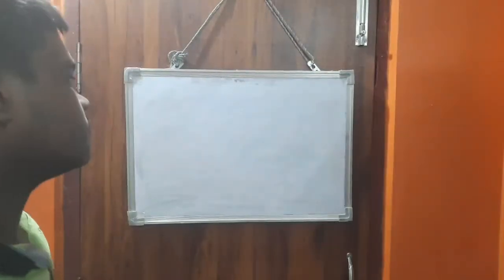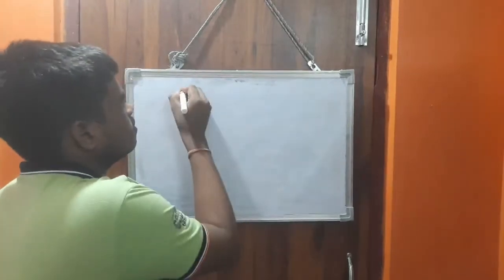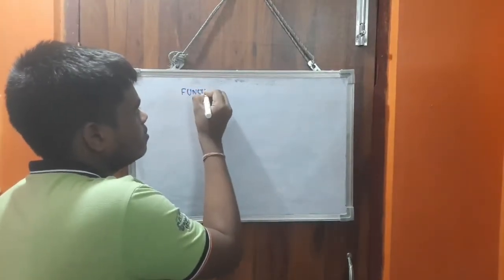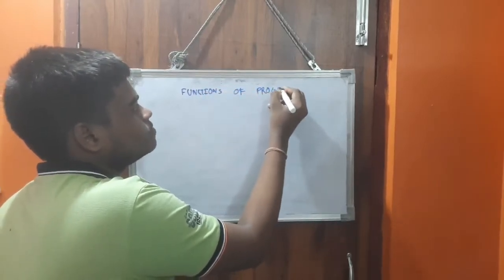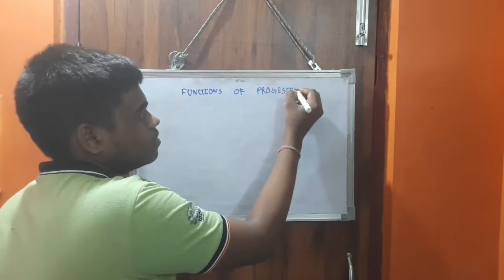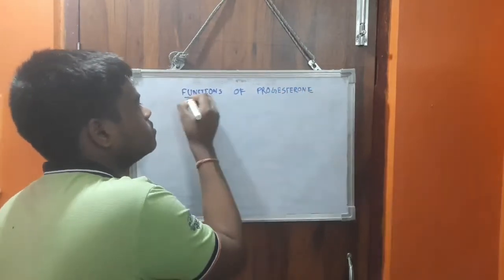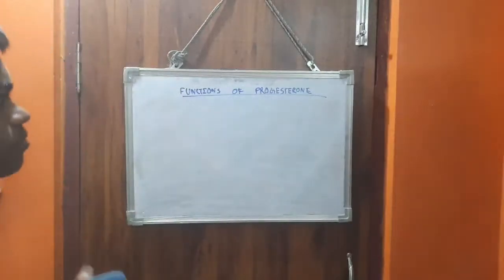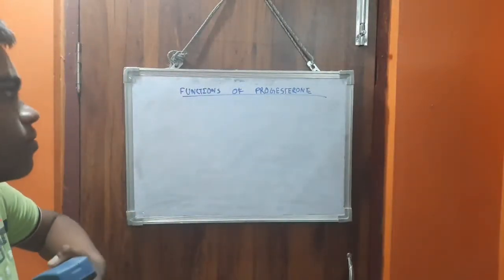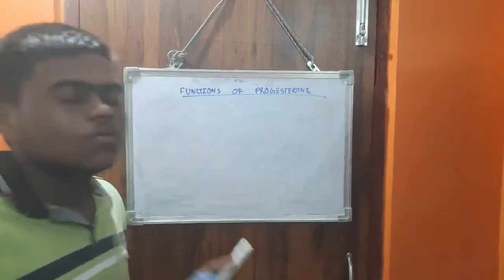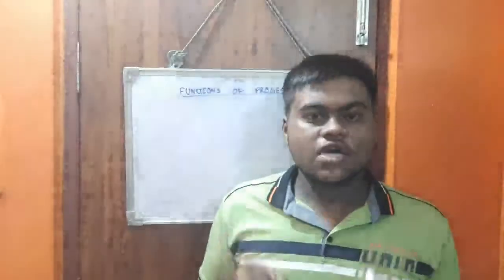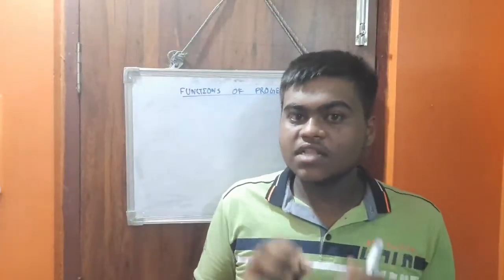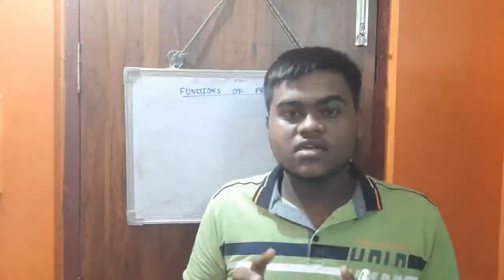So guys, here we can go through our main topic today: functions of progesterone. Progesterone is which type of hormone? A steroid hormone. Progesterone hormone is concerned mainly with the preparation of the uterus in the case of pregnancy and the preparation of the breast for lactation.